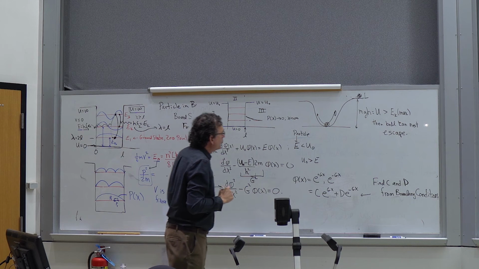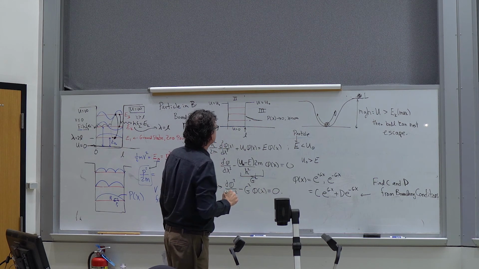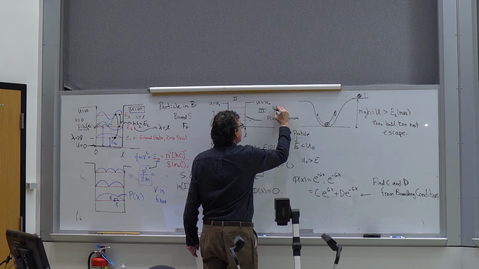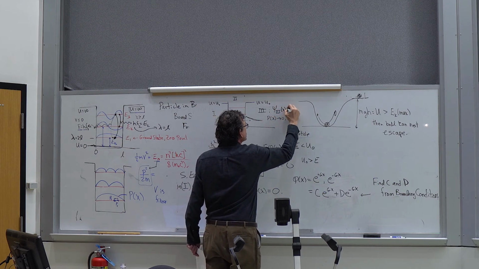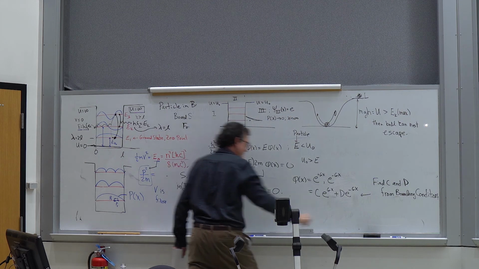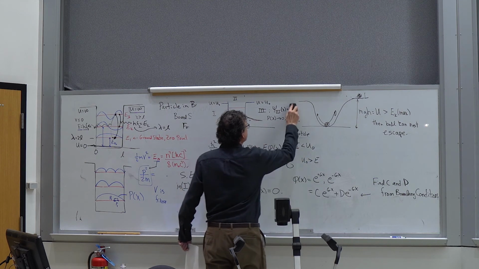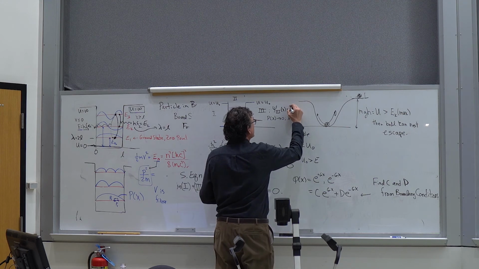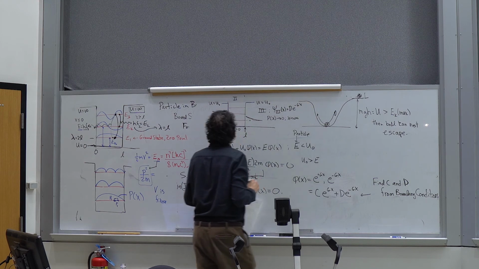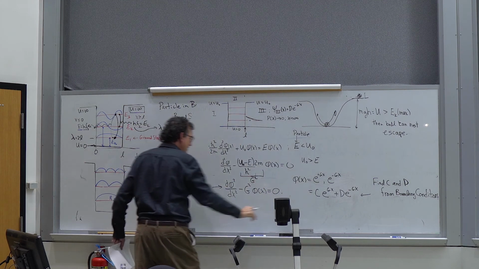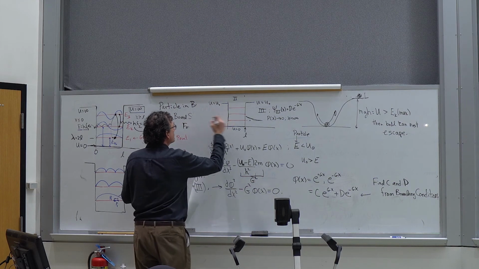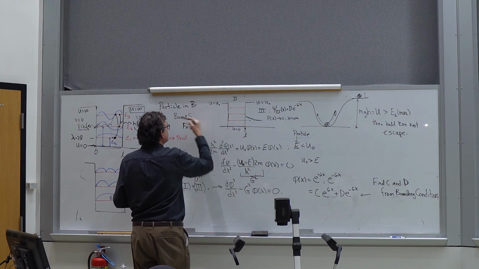Okay, so what we're going to do then is to say that in this region right here, the solution, which I'll write as phi 3 of x, is going to be equal to D times e to the minus g times x, right? And over here in region 1, I'm going to have a solution where the wave function has to vanish at minus infinity.